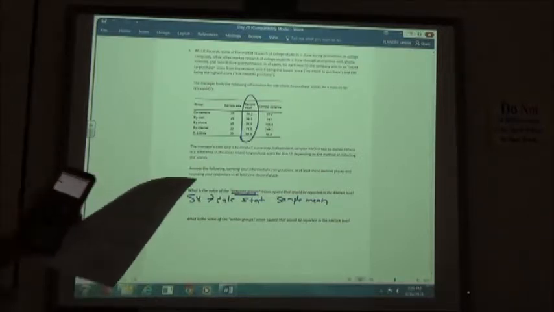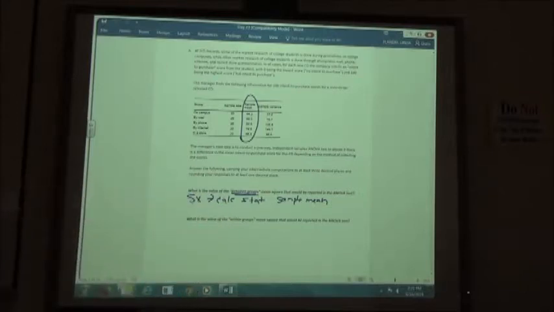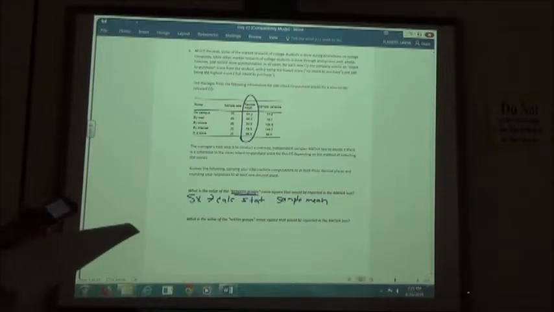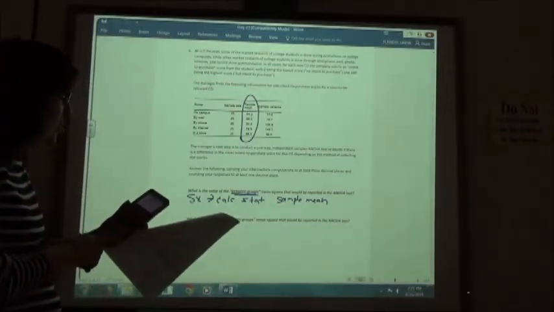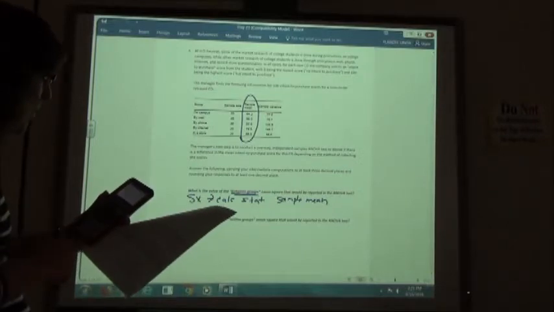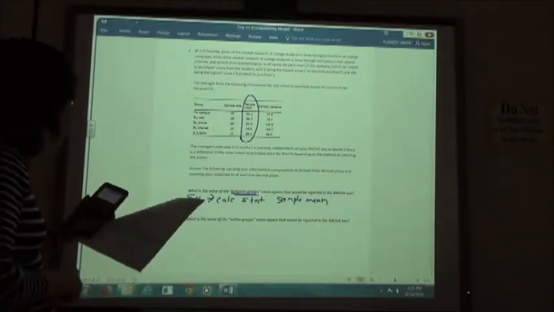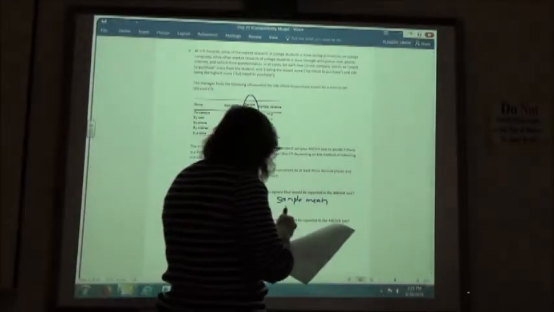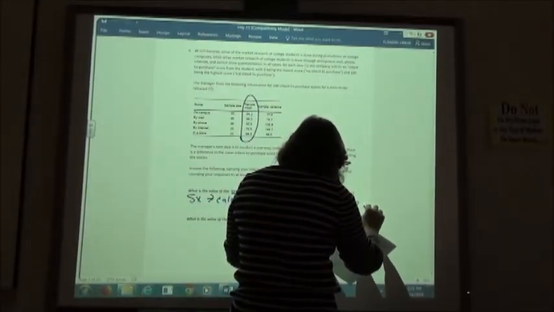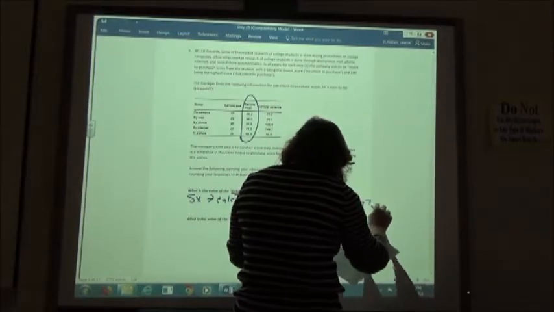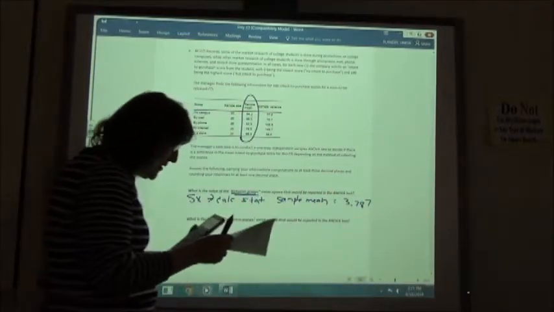Once I have my 5 values in list 1, I'm going to hit stat, go over to calc, stat calc 1 for 1 variable statistics, and do them on list 1, and look for my S of X. In this case, I have 3.787, rounding that off to 3 decimal places.